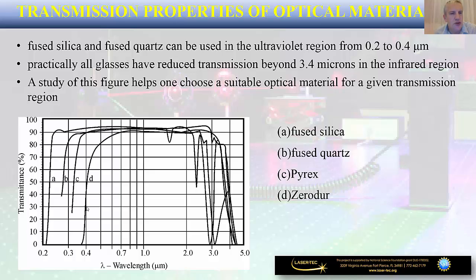So this type of material, Zerodur, has very different transmission properties at different wavelengths.